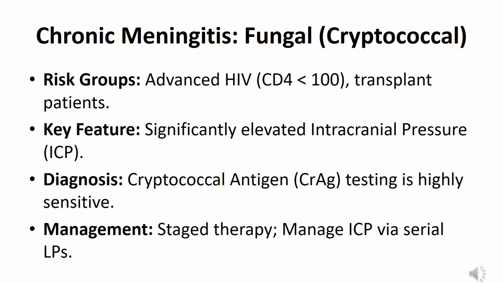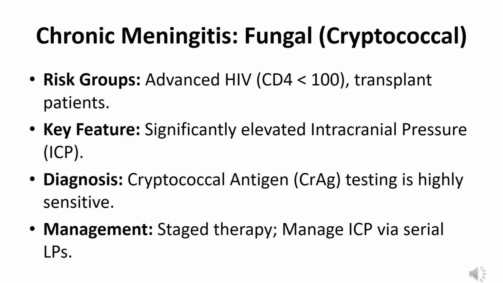They may also experience nausea, vomiting, blurred vision, double vision, or increasing drowsiness. Some develop cranial nerve palsies or altered mental status as intracranial pressure rises. In severe cases, uncontrolled intracranial pressure can become life-threatening.